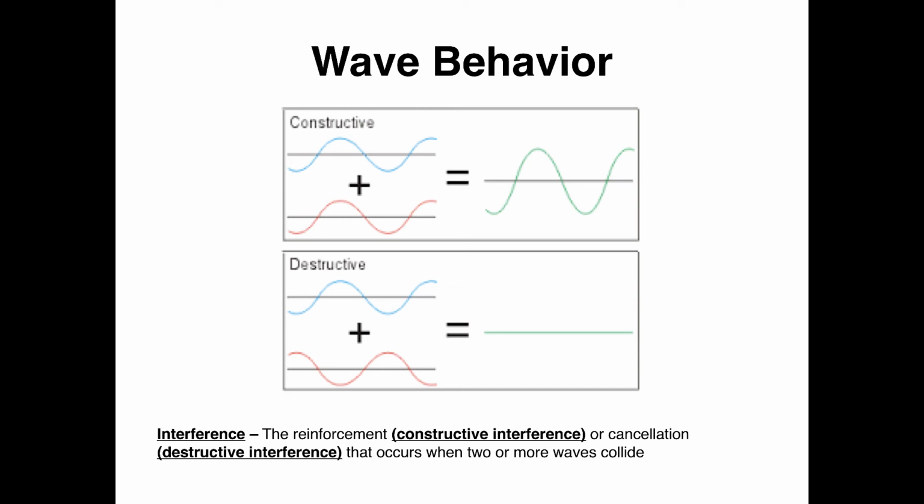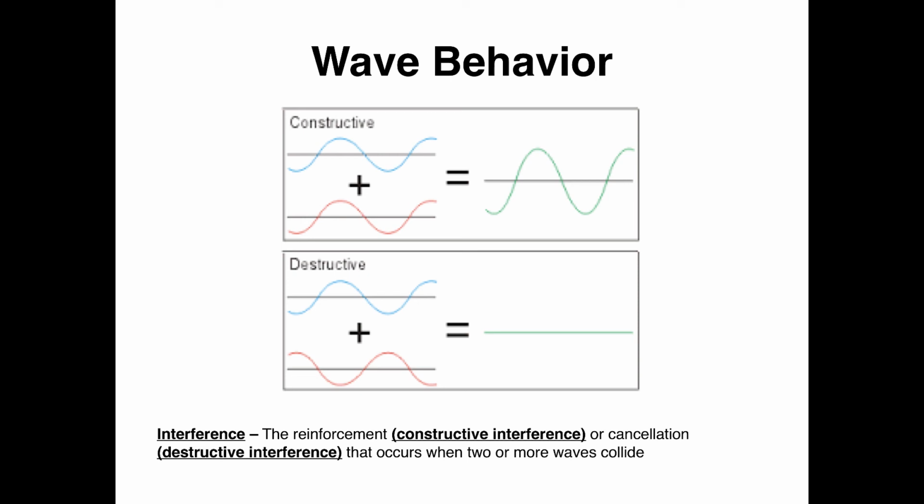And so if the wave front is enlarged, that is, the crests are bigger or the troughs are bigger or both, then that's called constructive interference, and that's shown at the top. On the other hand, if the two waves negate each other such that you end up with a straight line or something much smaller than either wave by itself, then that's called destructive interference.